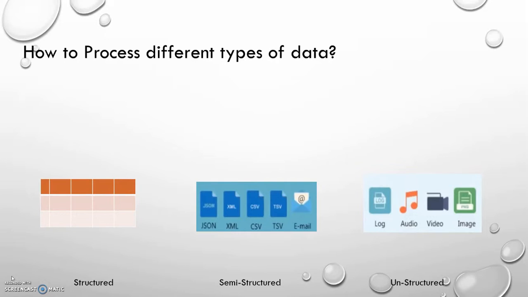And the next is unstructured data, which is in the form of log files, audio, video, and images. This type of data, semi-structured and unstructured, is very difficult to process and takes a huge amount of space to store.